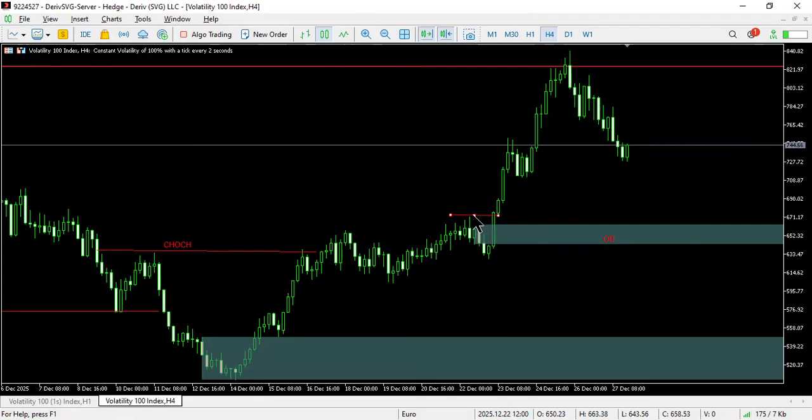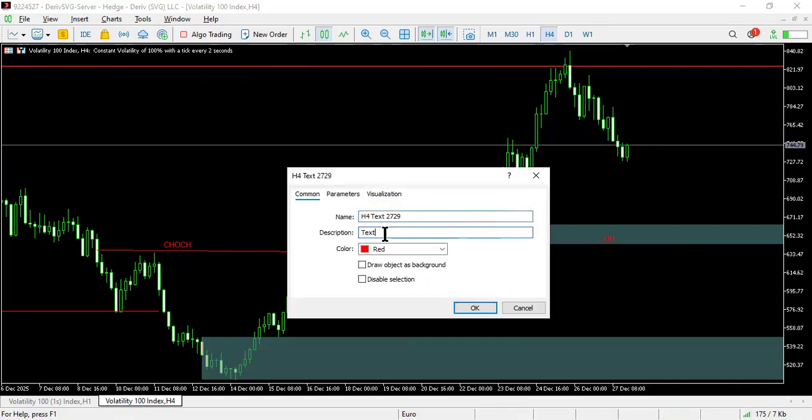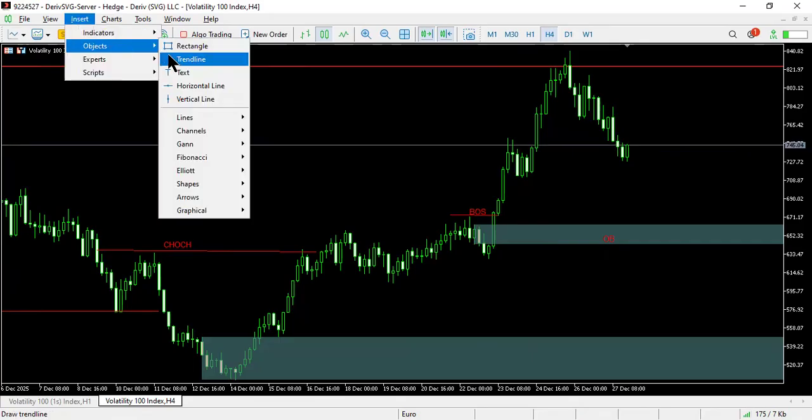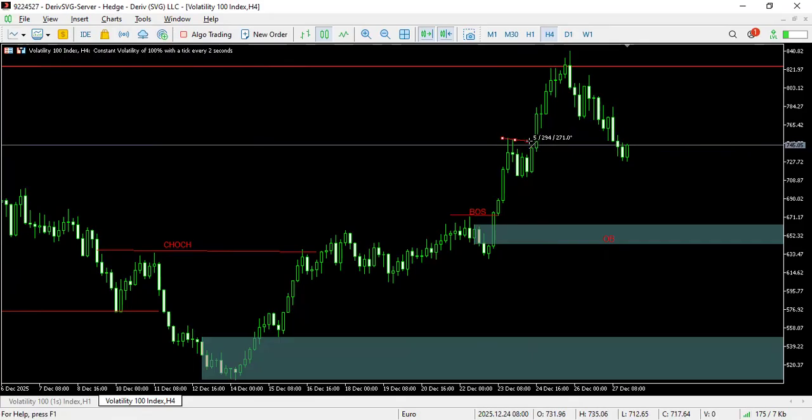So we have a break of structure. So that is a break of structure.